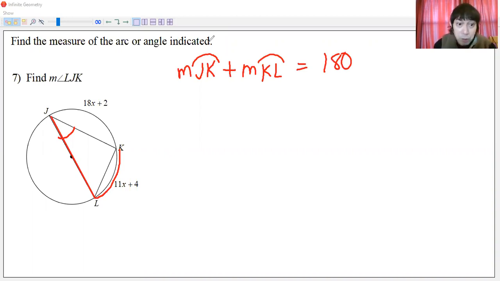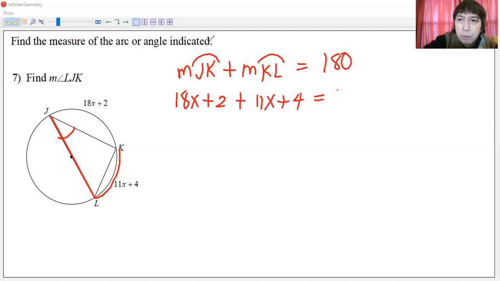Let's put the expressions. Arc JK is 18x plus 2, plus arc KL, that's 11x plus 4, and this is equivalent to 180. So we solve for x here.